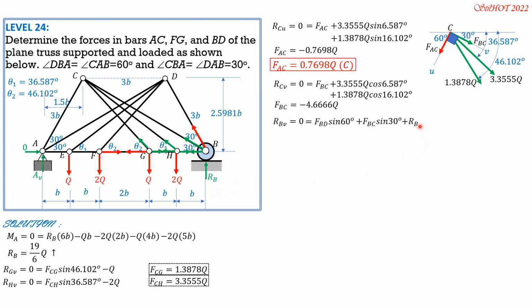So substitute FBC, which is negative, so FBD sine 60 plus FBC, which is quantity, negative 4.666Q sine of 30, plus RB, which is 19 over 6 of Q. So from there, we can now solve FBD in terms of Q. FBD is equal to negative 0.9623Q. So FBD is 0.9623Q compression also.